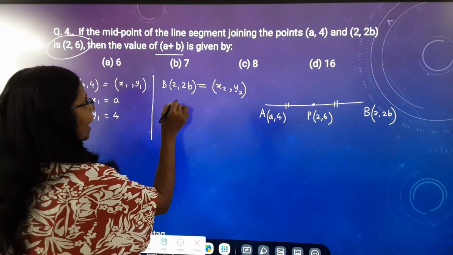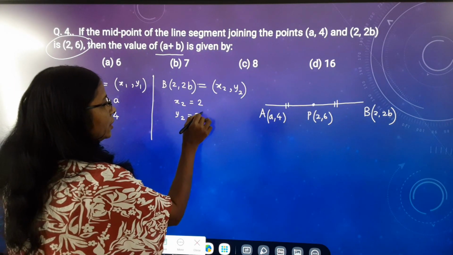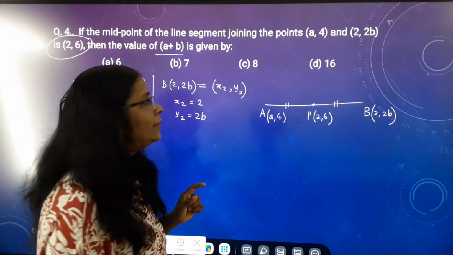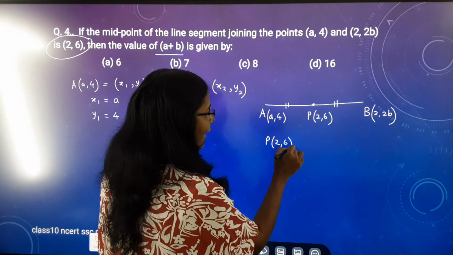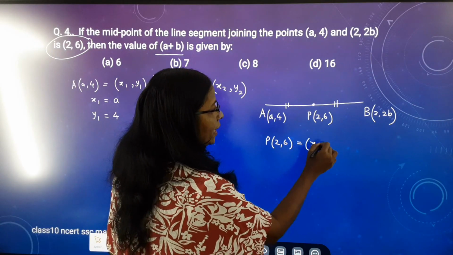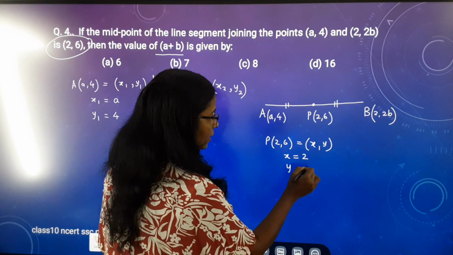Then x2 becomes 2 and y2 becomes 2b. And the midpoint is P(2, 6). I consider that the coordinate (x, y), so x becomes 2 and y becomes 6.